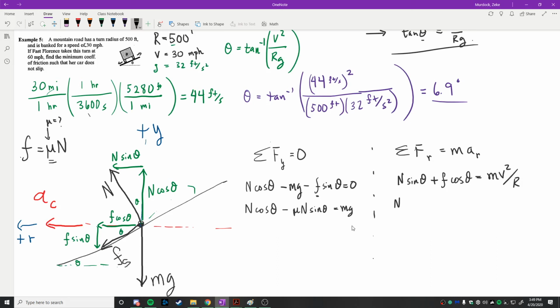This one's going to become n sine theta plus mu times n times cos theta. And that's going to be equal to mv squared over r. And then now we just want to go about solving. Our goal is to find theta. Does everything look right there? Did I make a mistake?